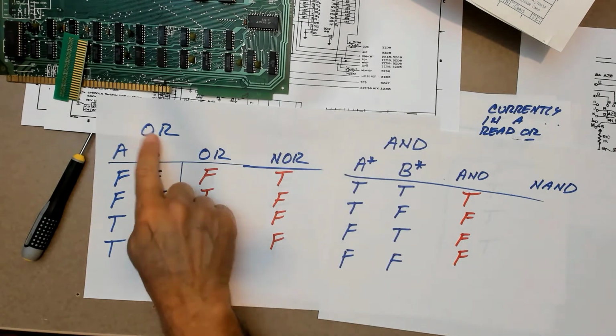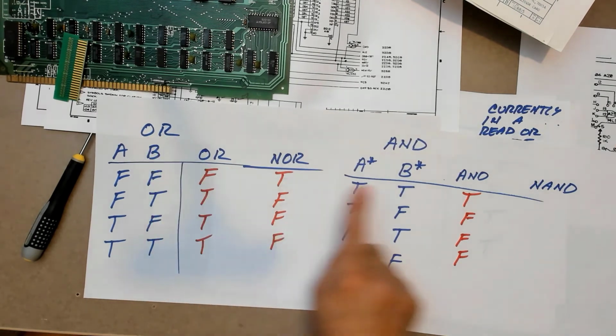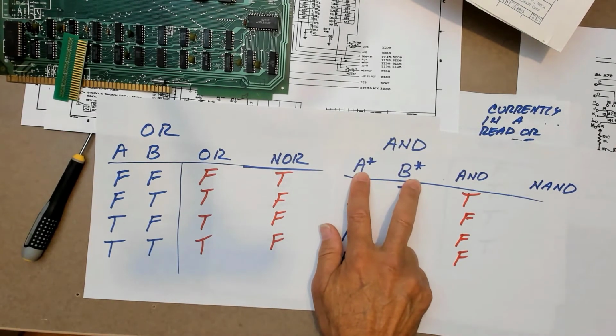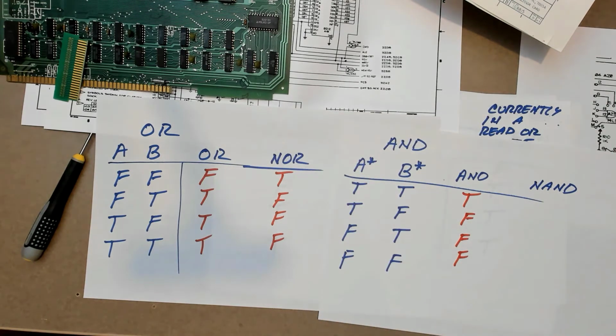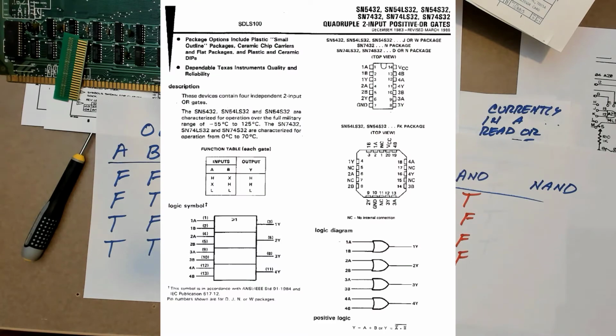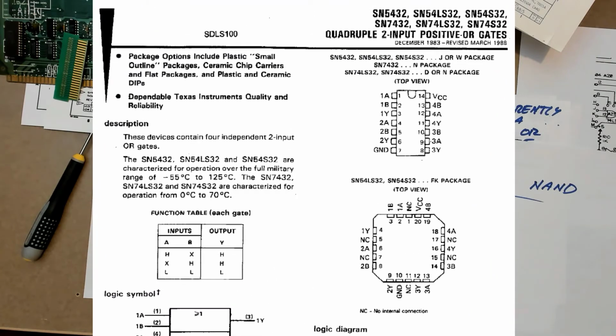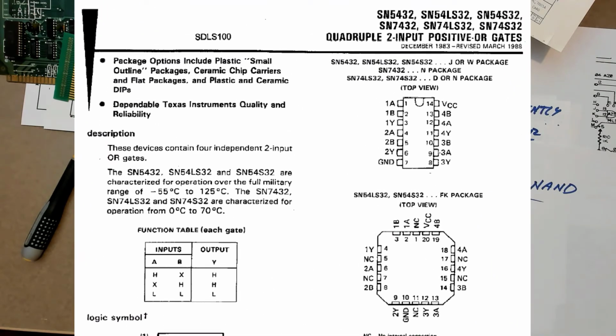So we can take an OR gate. We can replace that with an AND gate if we complement the inputs and we complement the output. You may have noticed that in some data books, a logic gate may be called, for example, in this TI book, a quadruple 2-input positive OR gate. Okay, so they're calling out that it's a positive logic OR gate.